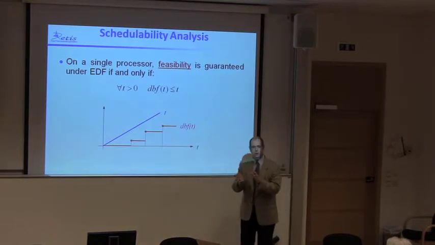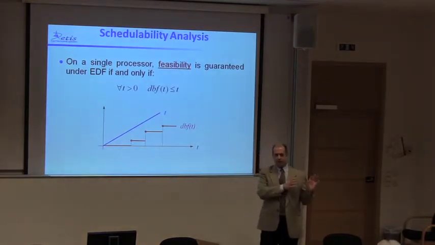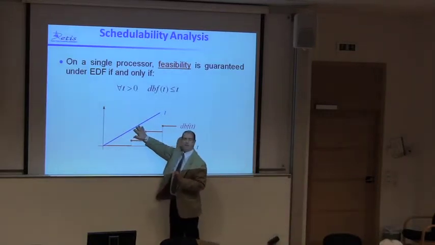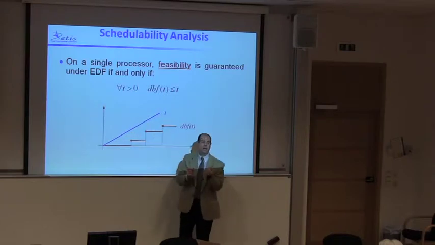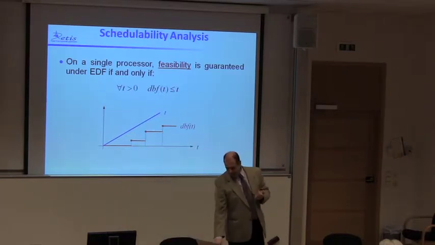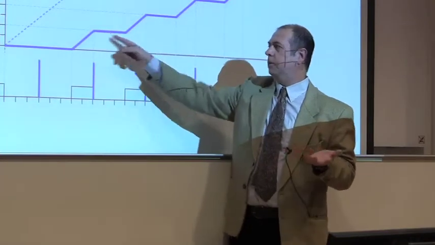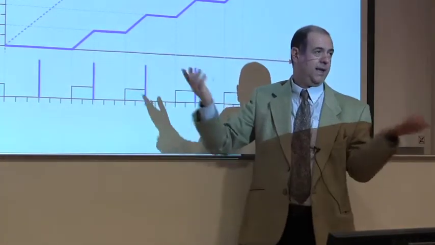When we move from a single processor to a reservation-based mechanism, of course, what has changed is that we don't have the entire processor available. We have just a fraction. So we can characterize this fraction in this way. This is the server execution. Whenever the server executes, we have a slope of 1 in the available time, but when the server does not execute, we keep the available time as before.